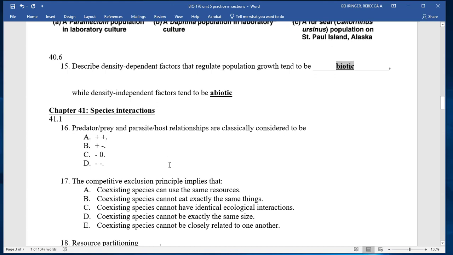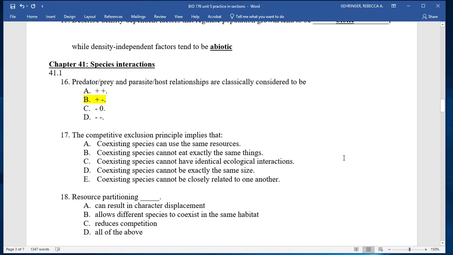16. Predator-prey, parasite-host relationships are classically considered to be what? It's good for the predator or good for the parasite and bad for the host, so that would be a positive negative. The competitive exclusion principle implies that coexisting species cannot use the same resources, cannot eat exactly the same thing, cannot have identical ecological interactions, cannot be exactly the same size, or cannot be closely related to each other.